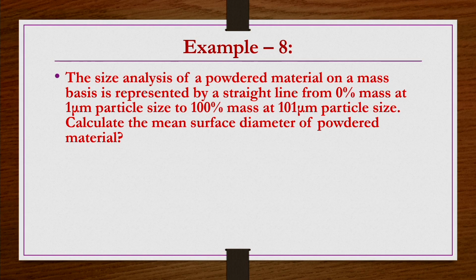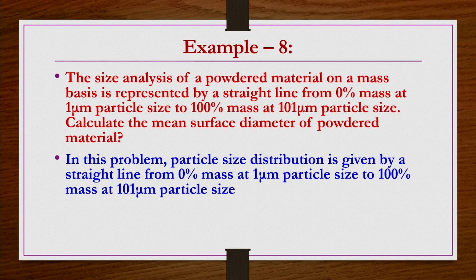First, from the statement of the problem, we have to write the relation between xi and d̄pi. So what we get here? The particle size distribution is given by a straight line from 0% mass at 1 micron particle size to 100% mass at 101 micron particle size.